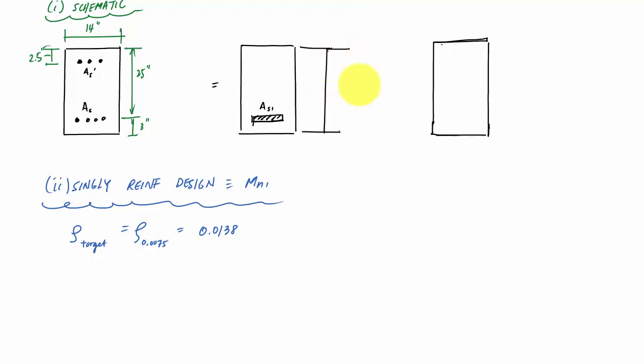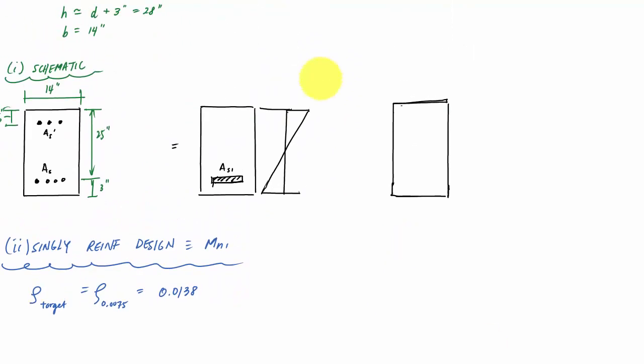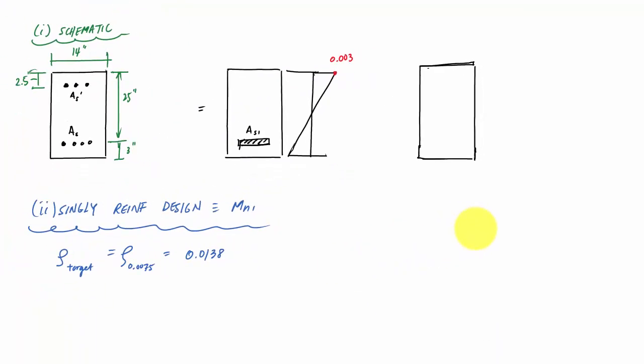Let me draw a vertical line. My strain profile is established like that, with 0.003 compression strain, and epsilon s.